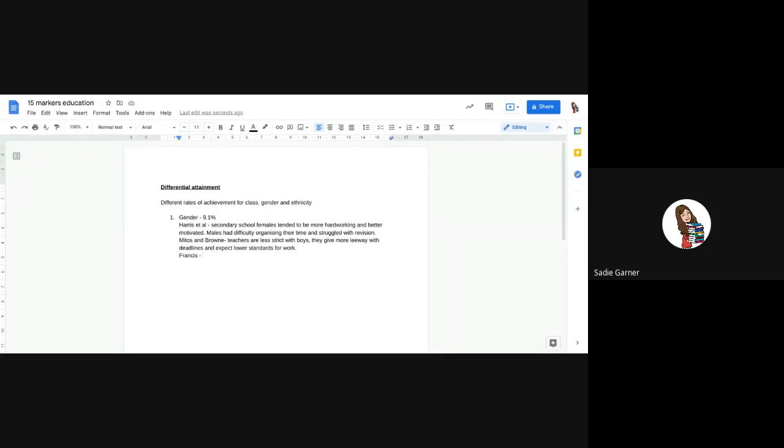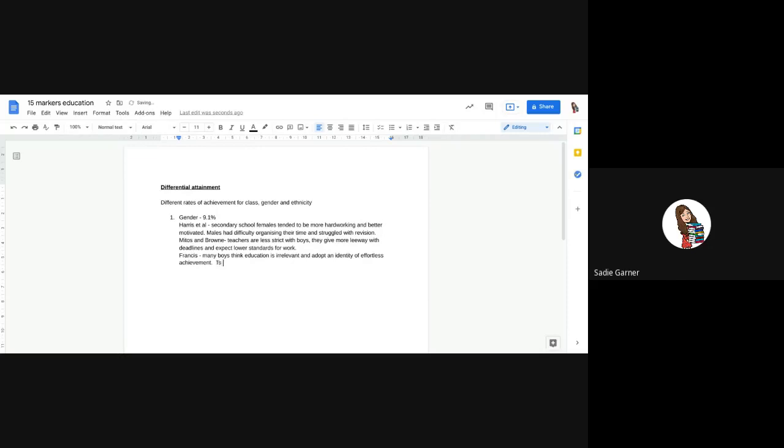So Francis found that many boys think education is irrelevant and adopt an identity of effortless achievement, expecting high exam results with little effort. 3 sociologists, Harris et al., Mitos and Brown, and Francis.